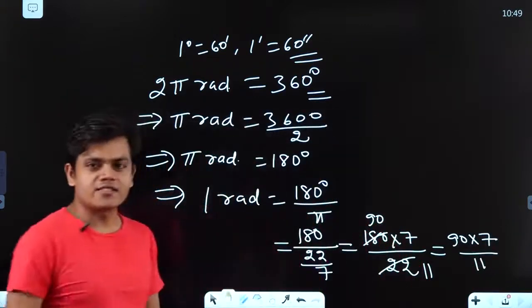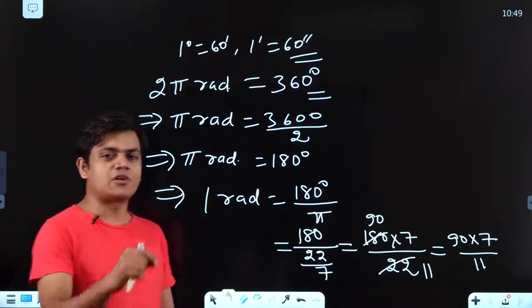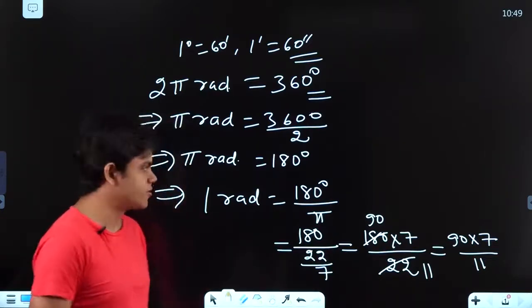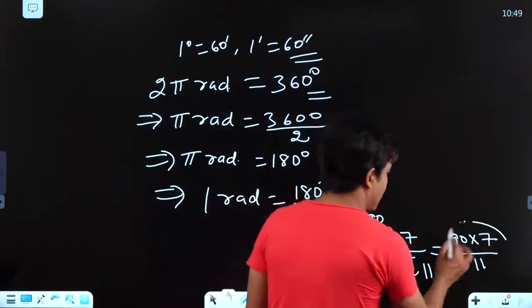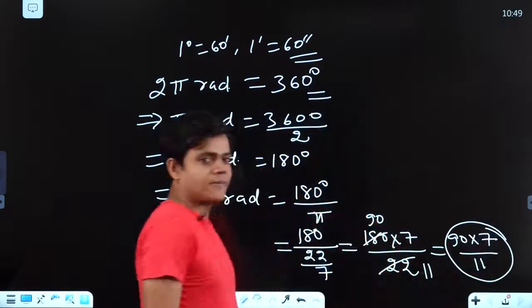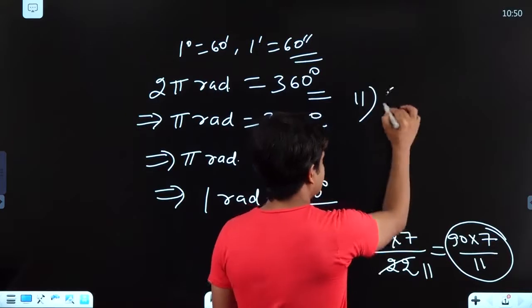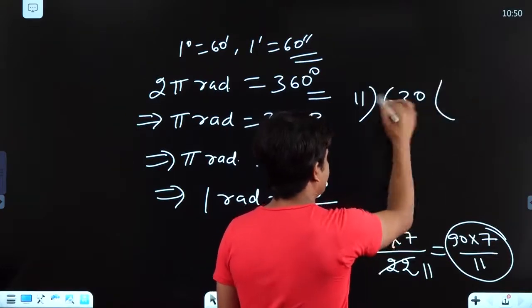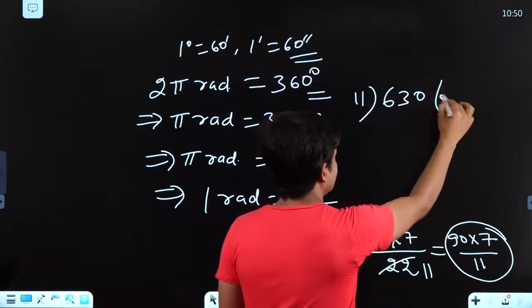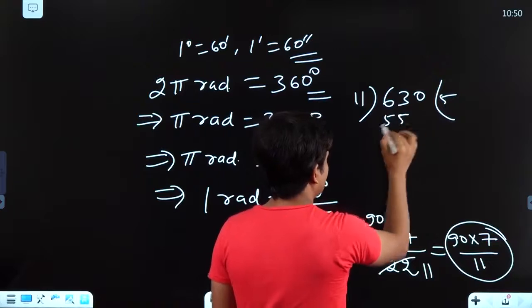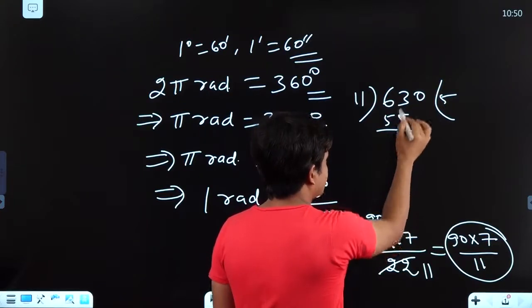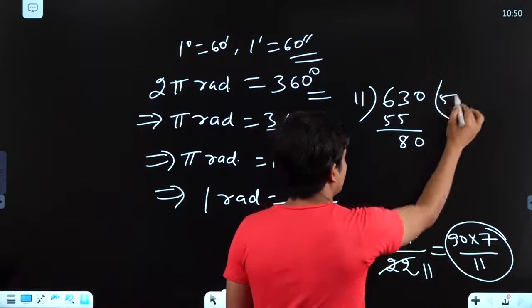As this is the very first question, I will do each and every calculation related to it. So this is 90 into 7 by 11. Therefore we will divide 630 by 11. Okay, 5 11s are 55, we will get 8 over here, 0.